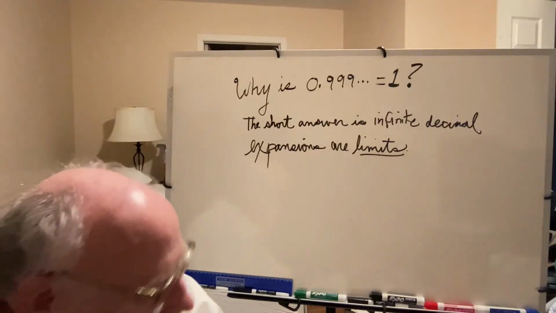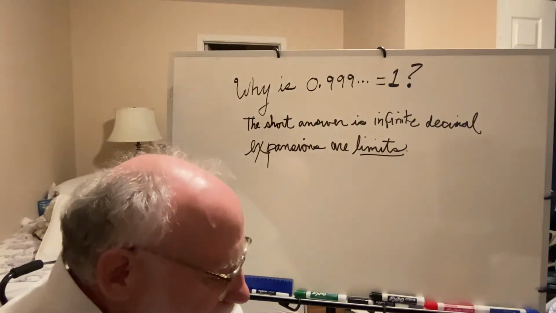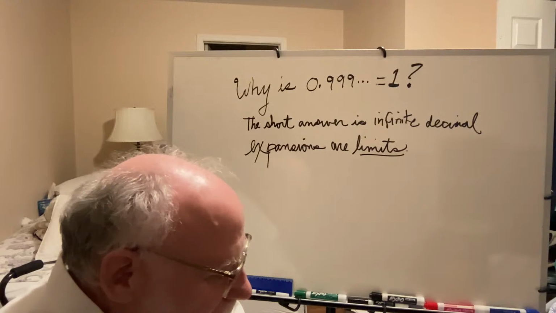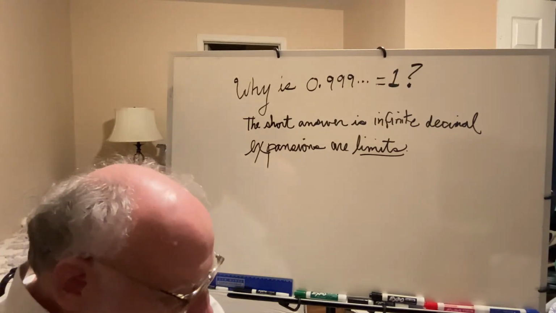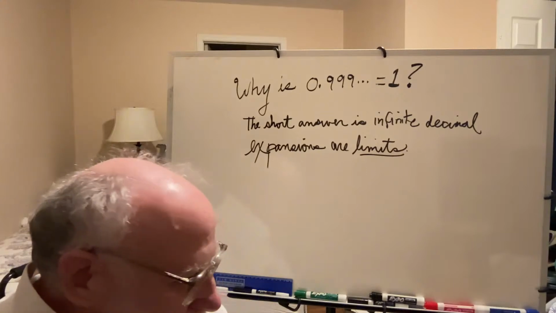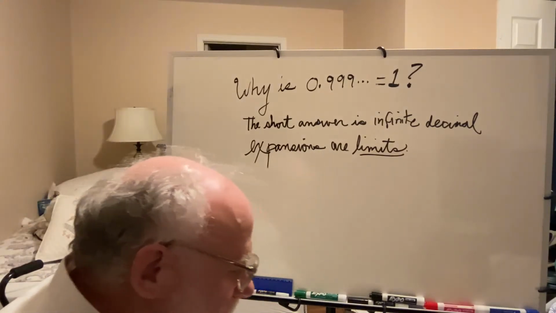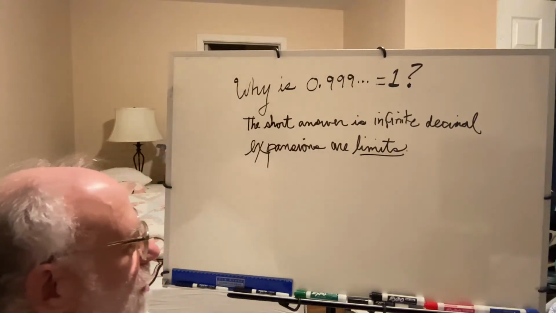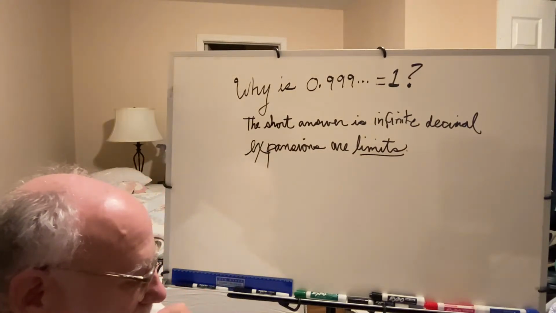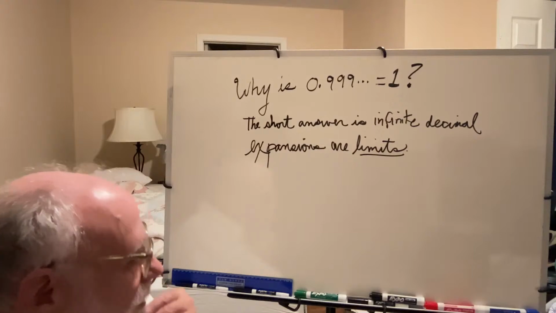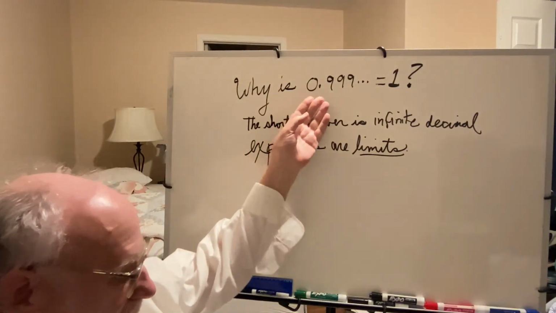Limits are always a tricky concept to discuss, so I won't really attempt to talk about what limits are, but limits do extend ideas, and so let me make my argument about why you might believe this.